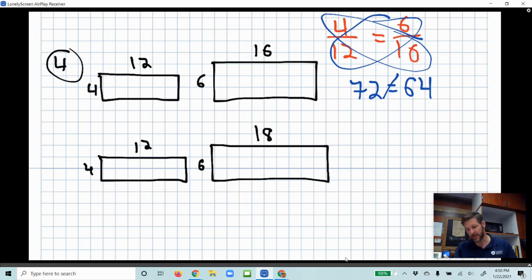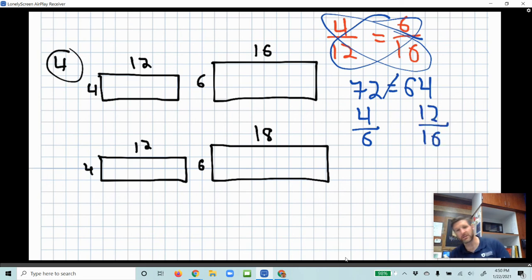The other way that we would check it is that we would do the ratio of the sides. And so I could say, is 4 to 6 the same as 12 to 16? And then you could simply reduce that. Well, 4/6 reduces to 2/3.